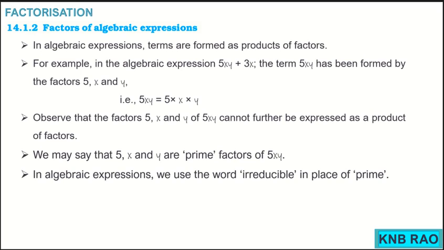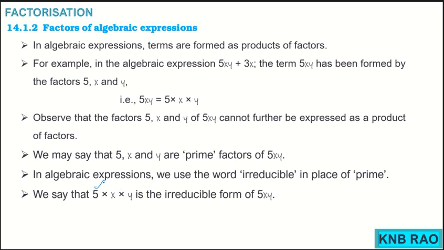So this 5xy is in the factorization, or as a product of irreducible factors. Which are those irreducible factors here? 5 is one, x is another, and third is y.